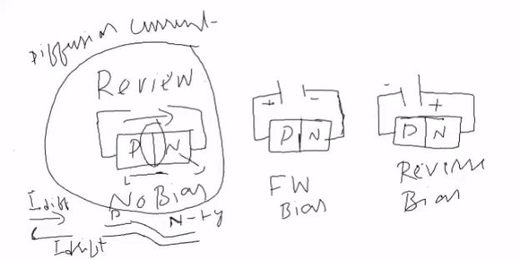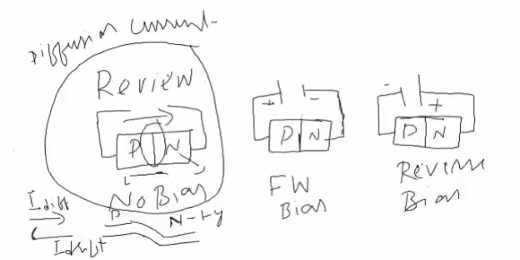This is no bias, meaning you haven't supplied any voltage to the diode. In forward bias, when you supply a voltage, the barrier potential vanishes and the band gap is narrowed down. The I drift does not change; its value is constant and very small, as long as the electric field is not much stronger.